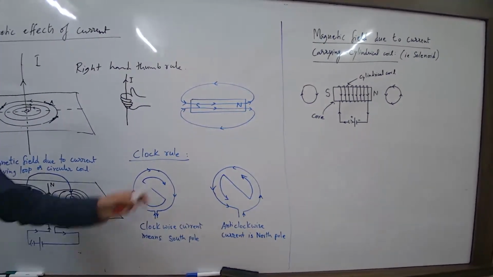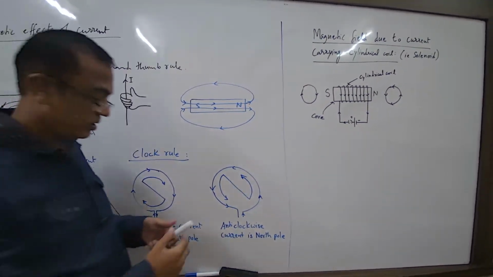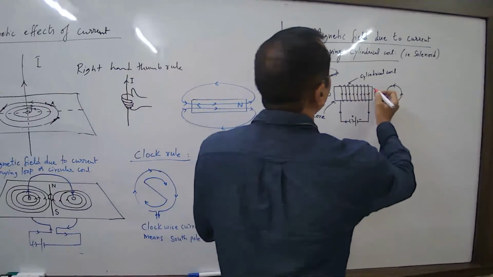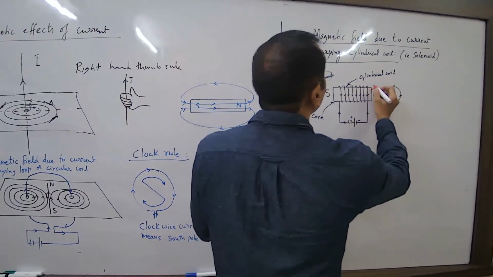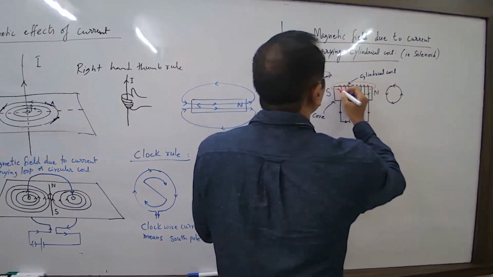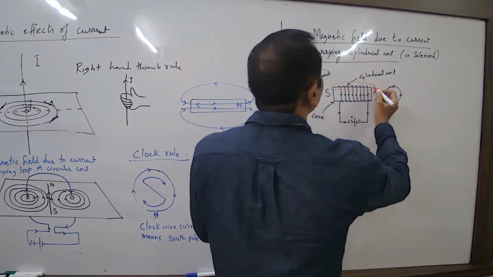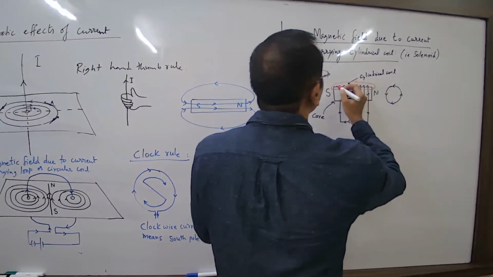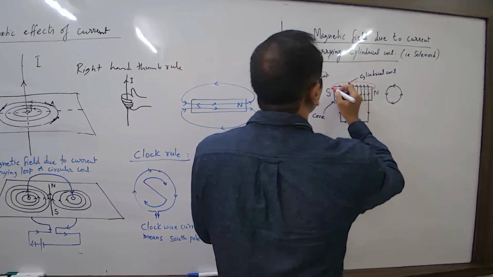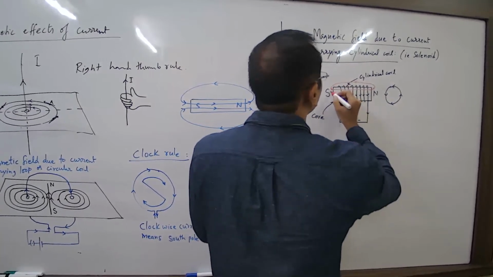It's very easy, just like a bar magnet. If this is north pole, then the field must come out. Right? This is how the field pattern will be. And it will enter the south pole.